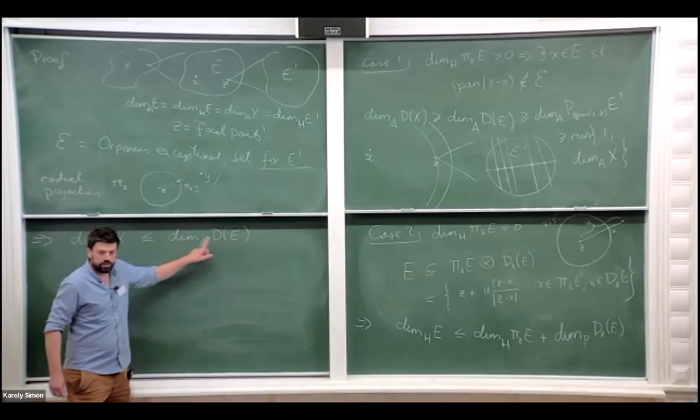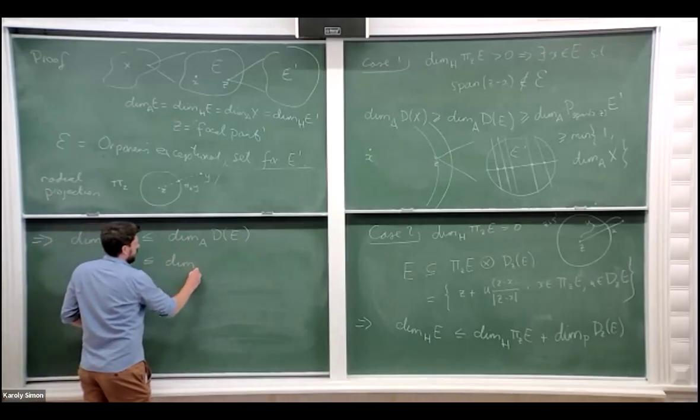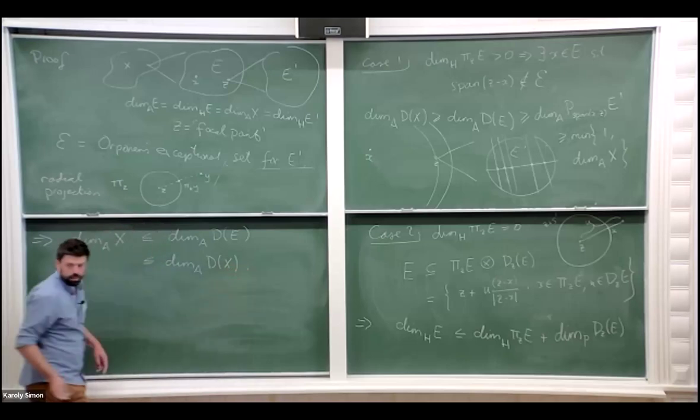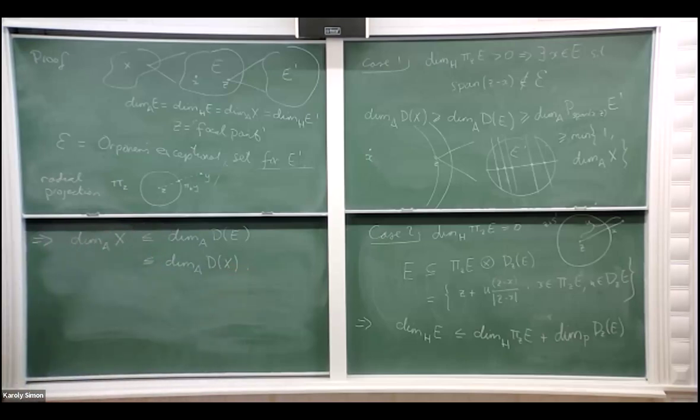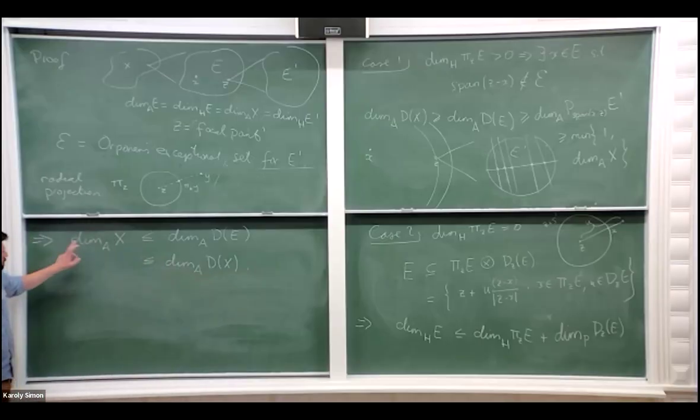And E with a tangent to X, this gives a lower bound for the Assouad dimension of the distance set of X, and I'm done. Because all I wanted to prove was that the Assouad dimension of the distance set is bounded below by the minimum of 1 and the Assouad dimension of X. So in this case, it's the Assouad dimension of X. So that's the proof finished.